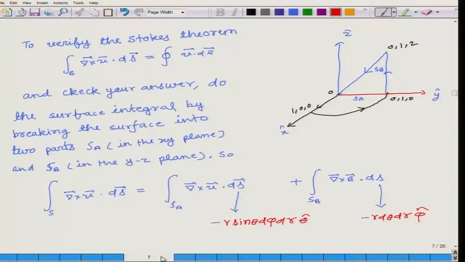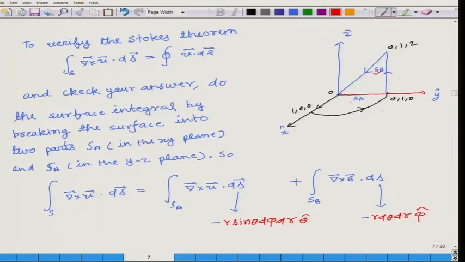So to verify the Stokes theorem and to check the answer of your line integral, do the surface integral by breaking the surface into two parts. That is, first one is SA in the xy plane, second one is SB in the yz plane.